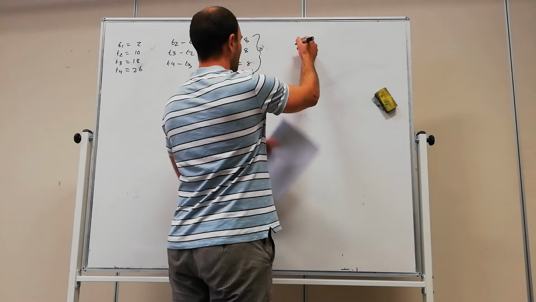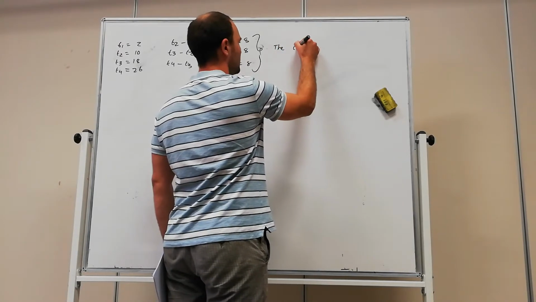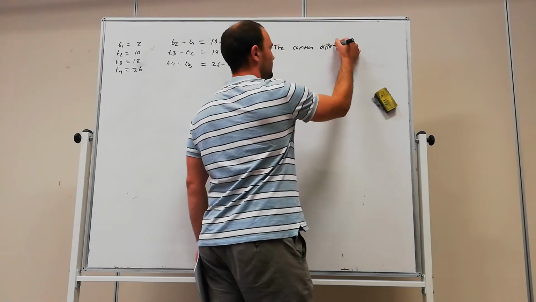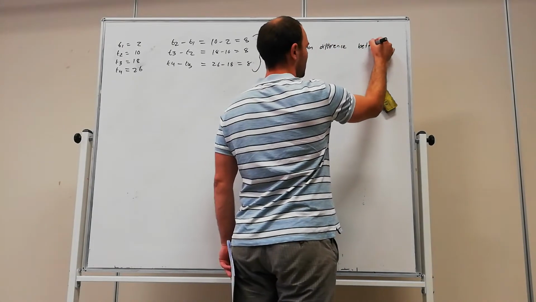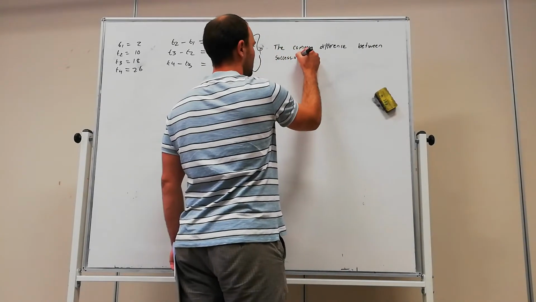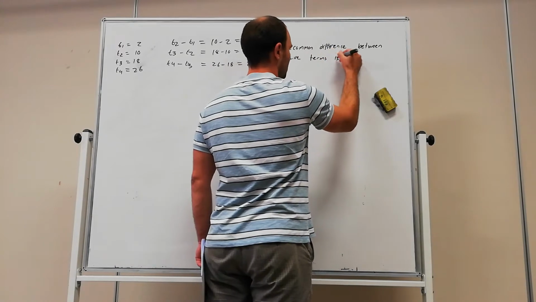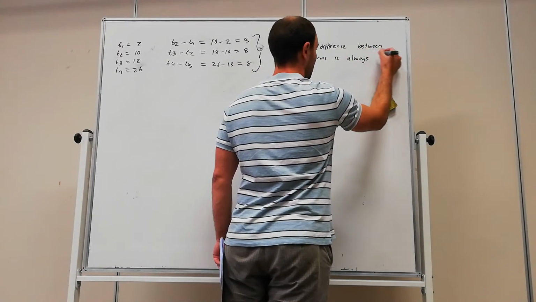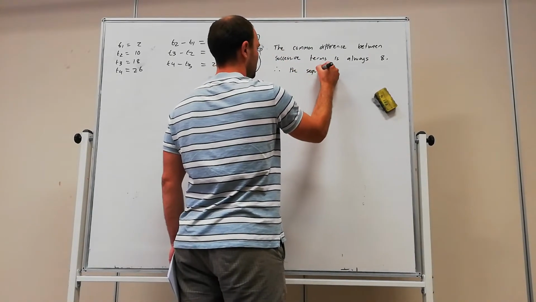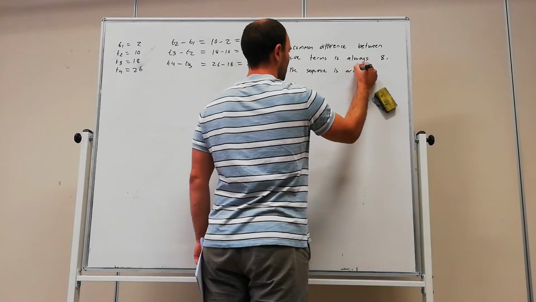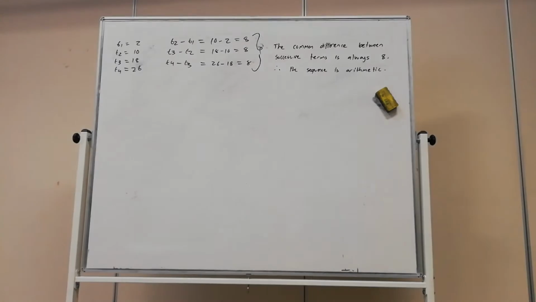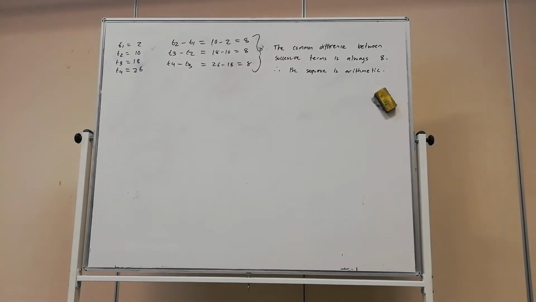We've got the common difference. If the common difference is the same, it will be an arithmetic sequence.